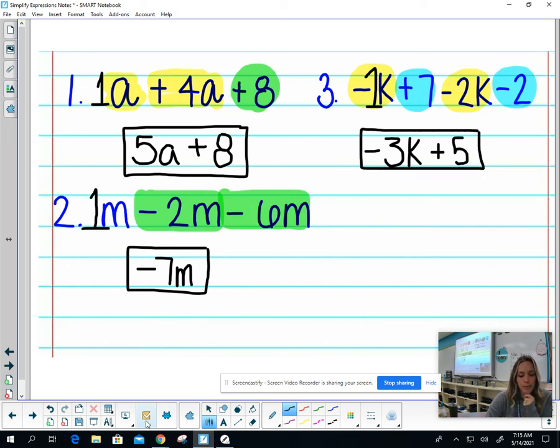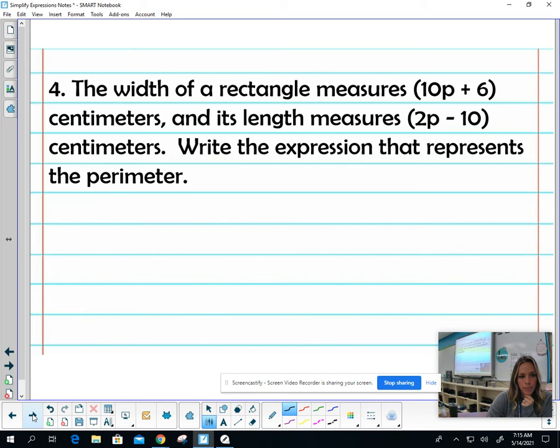Okay, let's look at a different type of problem. Let's look at a story problem. Go ahead, pause this video, write the entire thing down, because you're going to be able to reference this later. It says the width of a rectangle measures 10p plus 6. That's important.